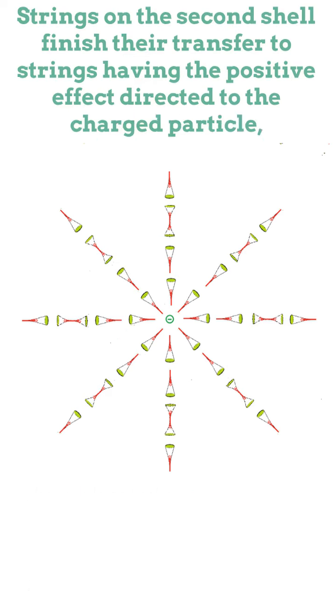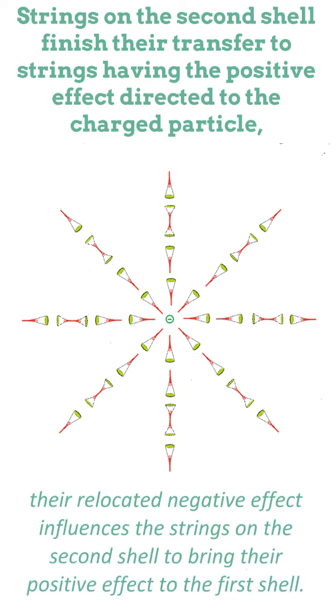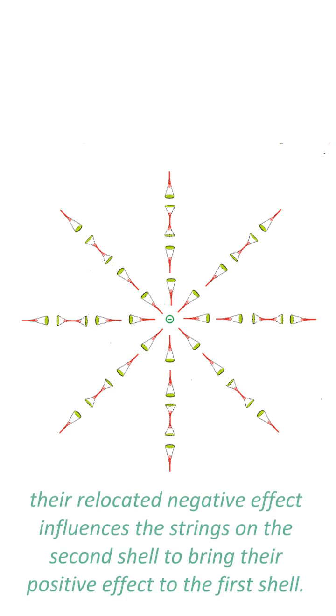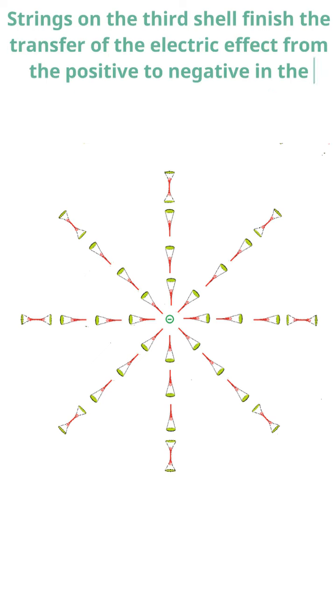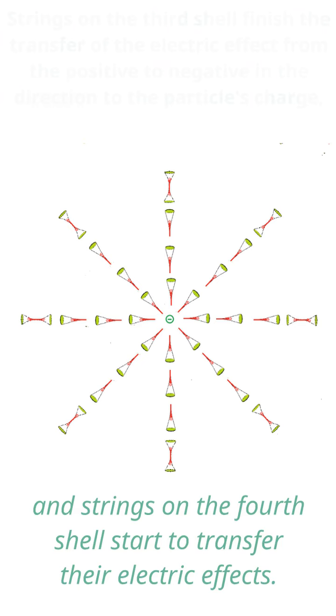Strings on the second shell finish their transfer to strings having the positive effect directed to the charged particle, and their negative effect causes strings on the third shell to start the relocation of their electric effects as well. Strings on the third shell finish the transfer of the electrical effect from the positive to negative in the direction to the particle's charge, and strings on the fourth shell start to transfer their electric effects.